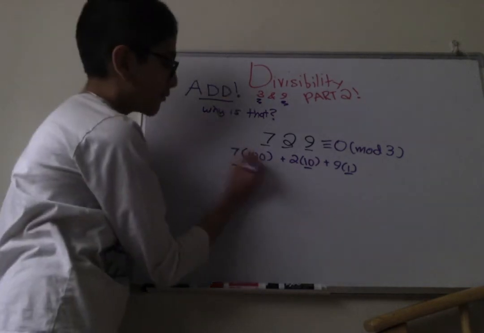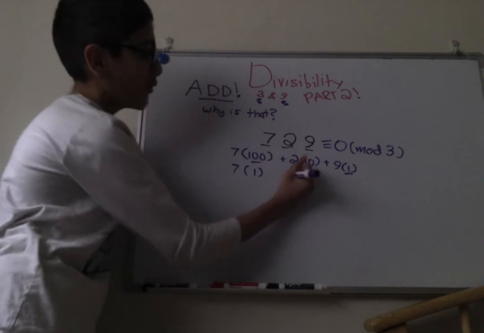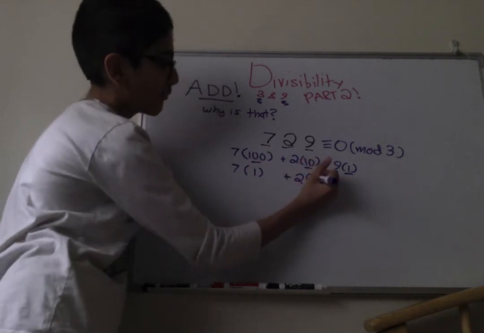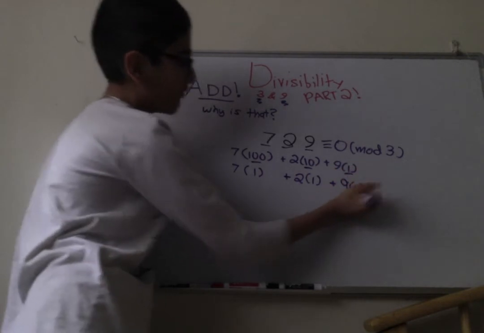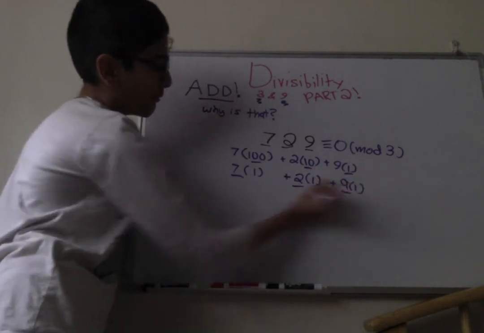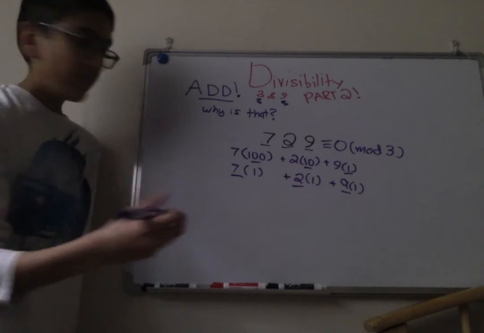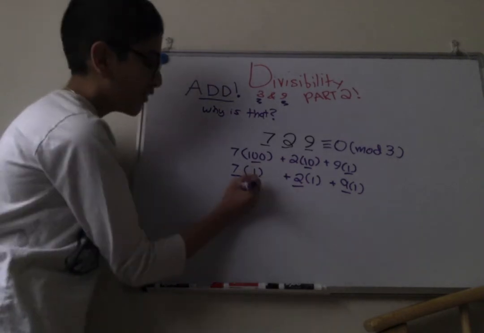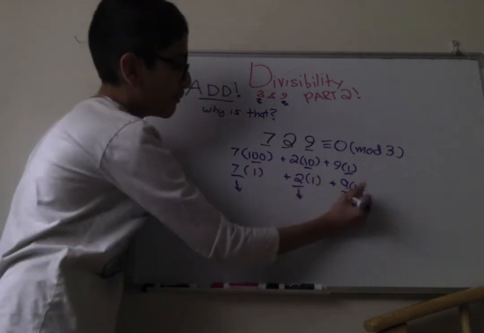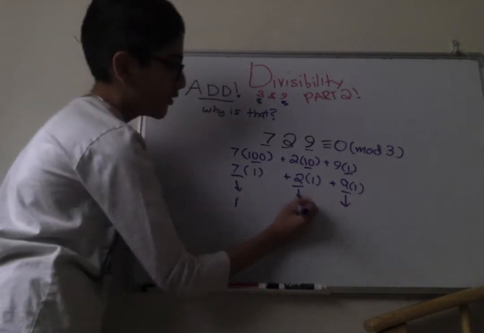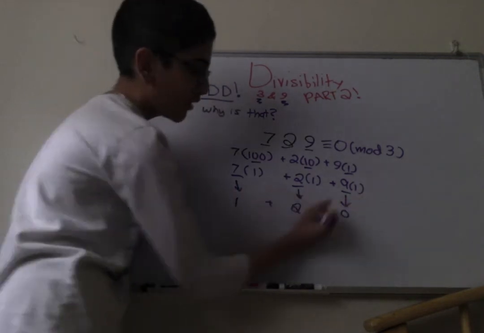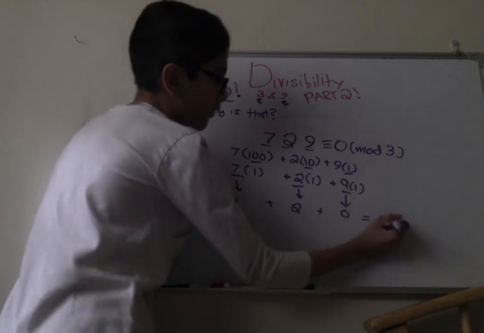If we replace all those numbers with 1s because they're congruent, it won't matter, and we get what we did before, 7 plus 2 plus 9. We could go a step further to test if it's divisible by converting them: this one is 1, this one's 2, this one's 0. We add them all up, we get 3, which is congruent to 0.